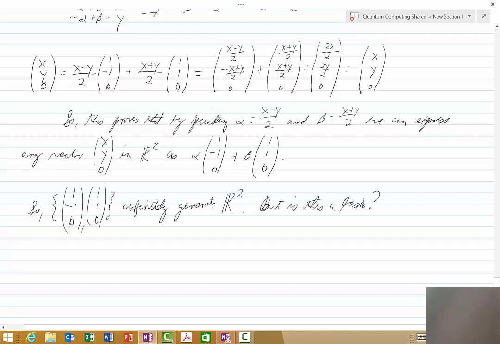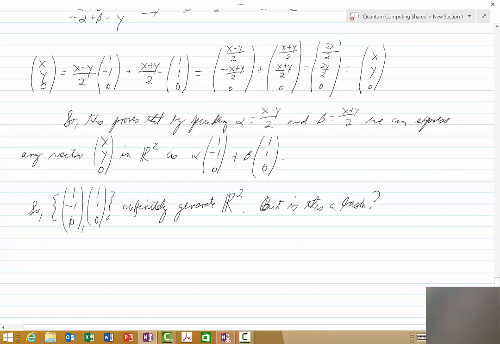And the answer is yes, because if we took either one of these vectors away, like if we took this vector away, then we just get all multiples of this vector, which would be a straight line. In fact, it's the line y equals negative x and z equals 0.